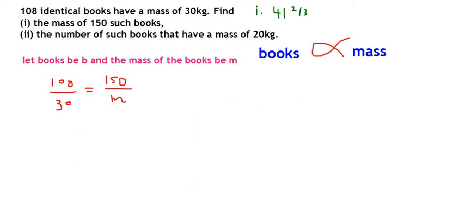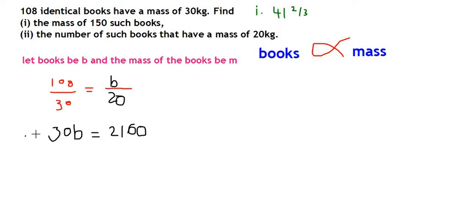And the second part of the question asks us to find the number of such books that have a mass of 20 kg. We simply use the same equation. Over here we write the number of books, which we have to find, so we write B, and the mass is 20. Again we cross multiply: 30 times B equals 108 times 20, which is 2160.